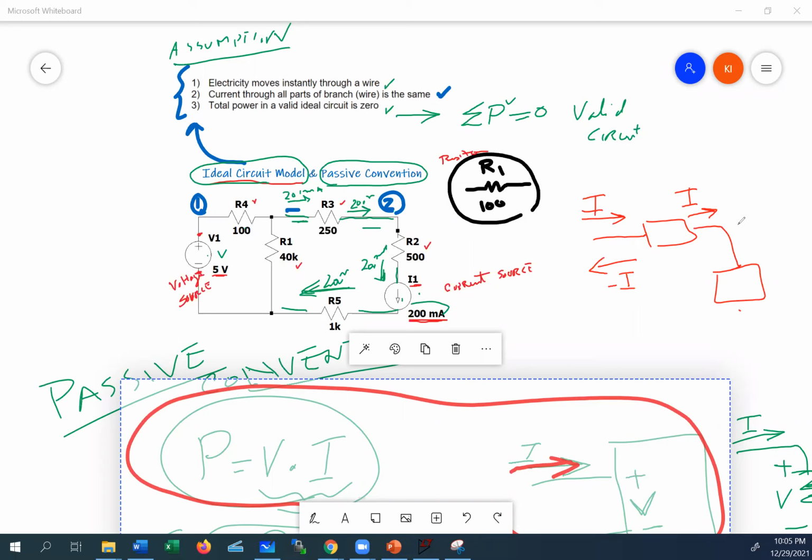Now, on the other hand, if there is a voltage here, V, but I want to write it the opposite, I can do the same thing, but I have to add a minus sign to it, okay? That's all the differences. So let's say I here was 1 amp. This I then would be minus 1 if I'm going to draw the arrow going the opposite direction. If this was 5 volts, but I want to flip the polarity, then I have to write minus 5 on this side, okay? Instead of plus 5.